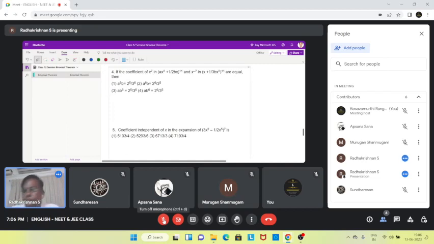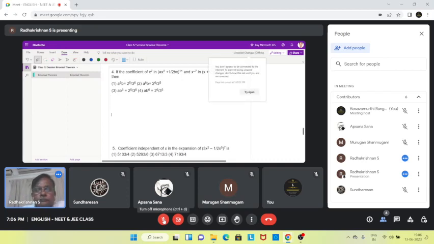So the problem is: the first expansion is (ax square plus 1 by 2bx) whole to the power of 11.